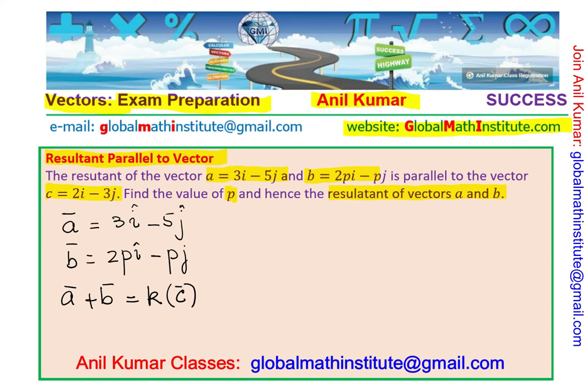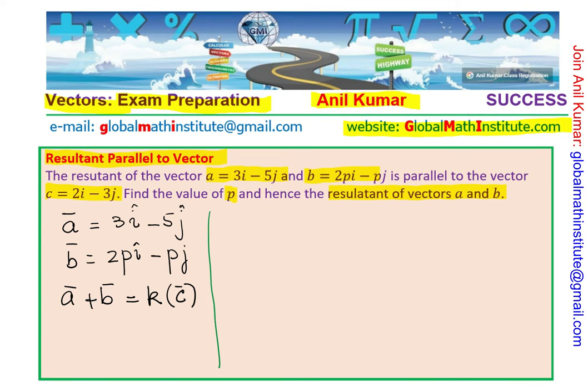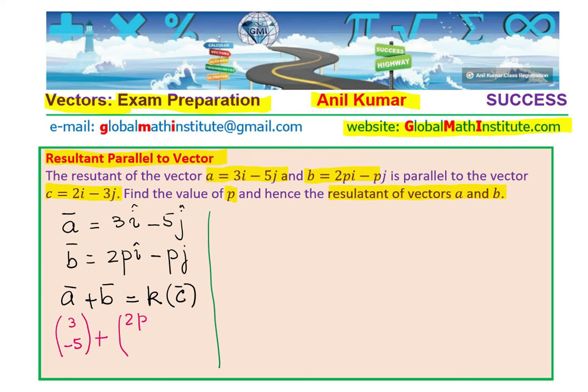Now, adding the vectors A and B, let's write it in the column form. See, column form is very easy to work with. So when I say 3i minus 5j, A is (3, minus 5). Plus B, which is 2pi minus pj, so it is 2p, the coefficient of i, and minus p.